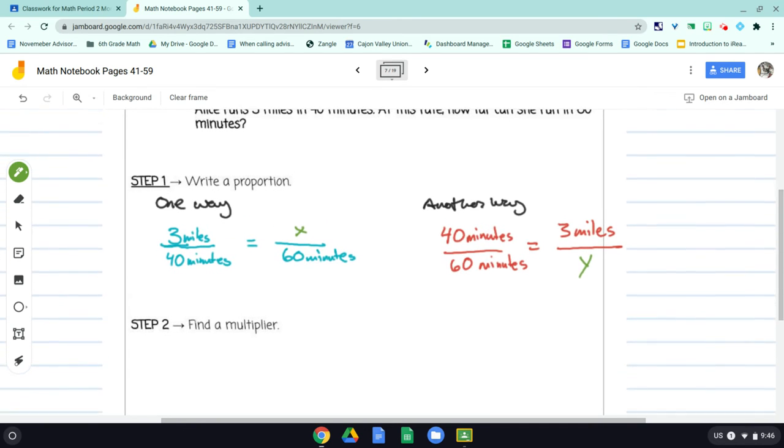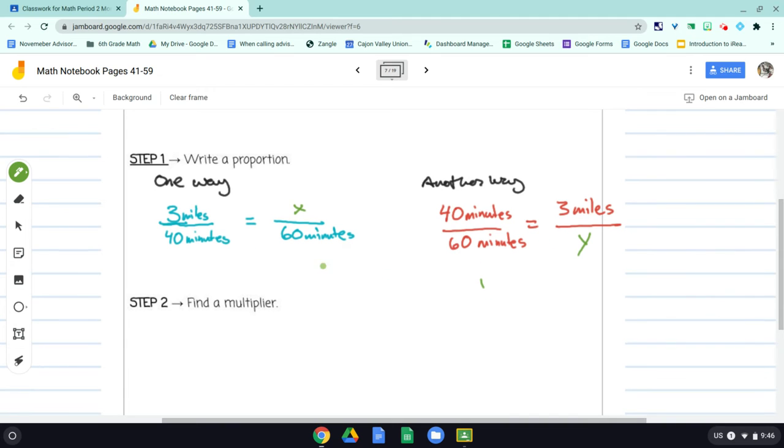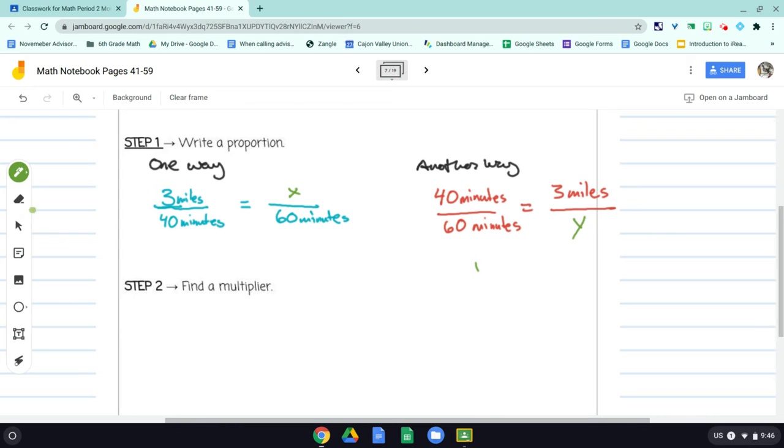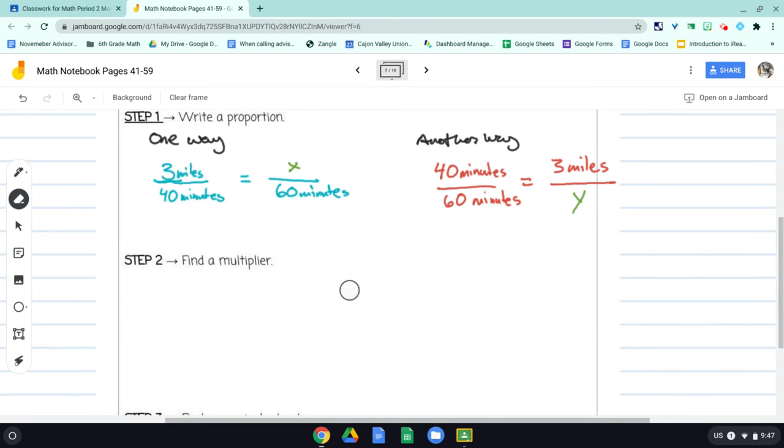So I'm going to use the way that I have written on the first way here. Use that one. So find a multiplier. Since it's not going to be too easy to find a multiplier, I'm going to take this one and rewrite it down here. So I'll draw an arrow. So I'm going to put 3 miles, I'm just going to put 3M for short in 40 minutes, MIN for short.